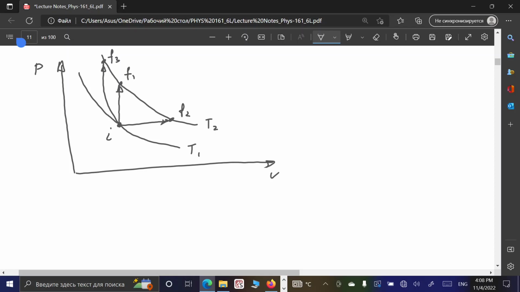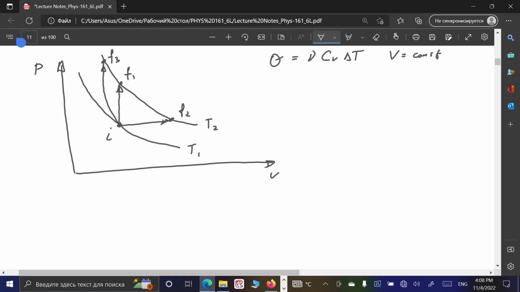So in the first process, when we have constant volume, we can write that heat is equal to, let's denote with nu the number of moles, times CV times delta T. So CV stands here for specific molar heat capacitance of ideal gas at V constant, for the isovolumetric process.